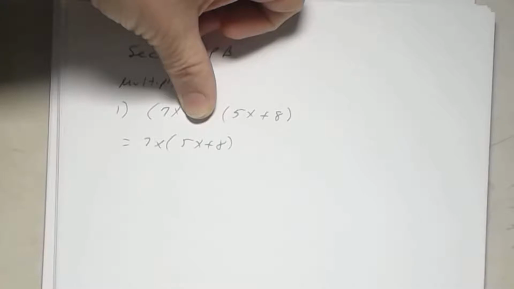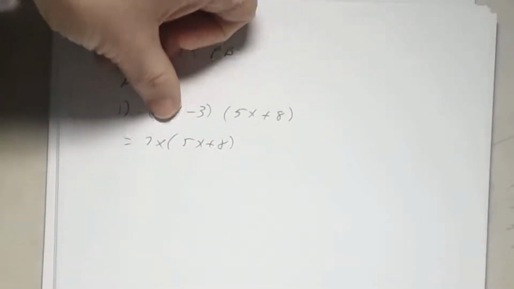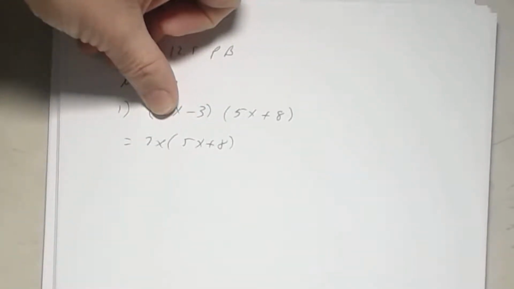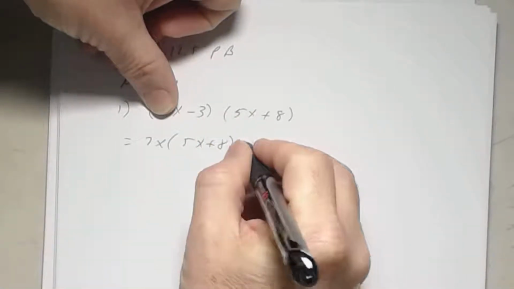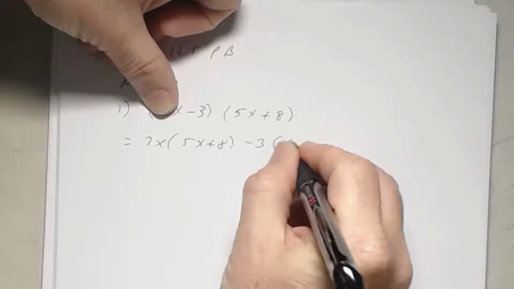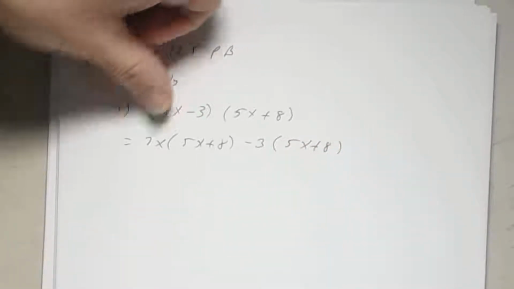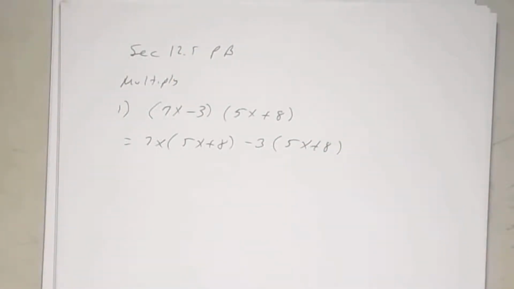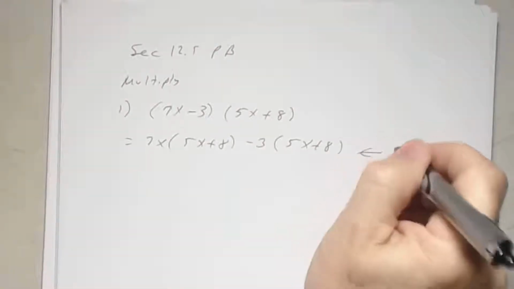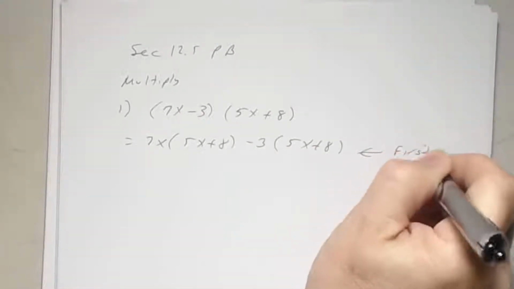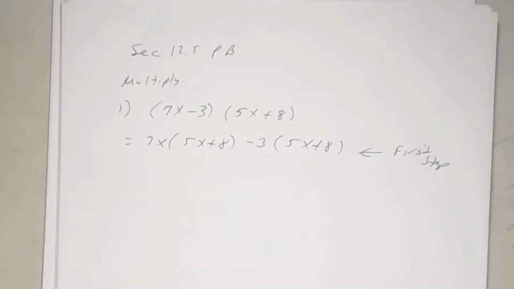Then you're going to cover that 7x, but what else has to be multiplied by that second binomial? Negative 3. So you can say minus 3 times 5x plus 8. That's that first step I'm referring to. Now the next step is to use what property?